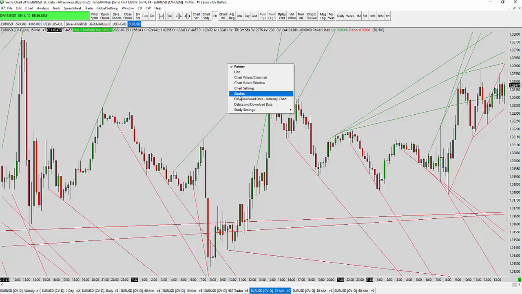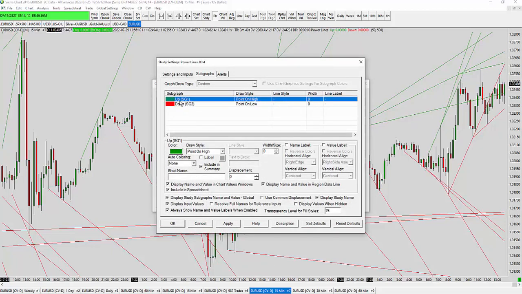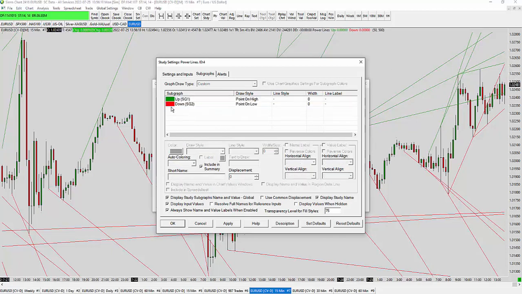Let me explain. Let's go to the study, and this is a 15-minute chart for the Euro US. Click on the study power lines, and you see the green is for resistance, the red is down, which indicates support, but you see the width is 0.